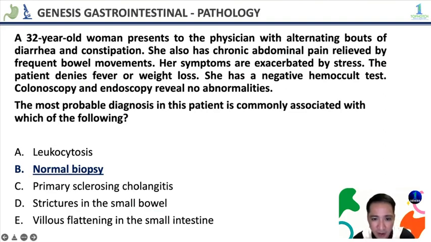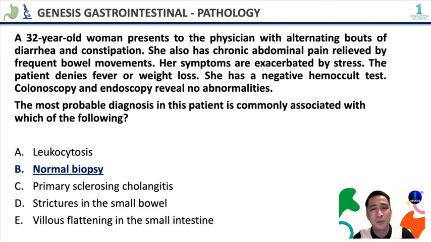Strictures in the small bowel. Commonly, we have your Crohn's disease. You have the skip lesions and are generally evident on colonoscopy, endoscopy, or radiography. Villous flattening is associated with malabsorption syndrome, for example, celiac sprue, wherein there is malabsorption.